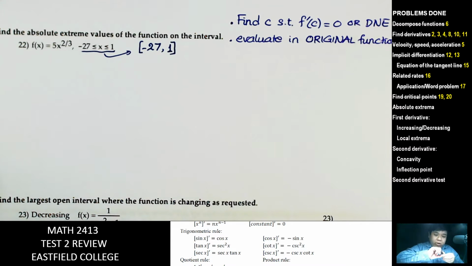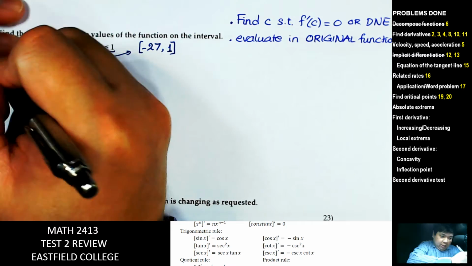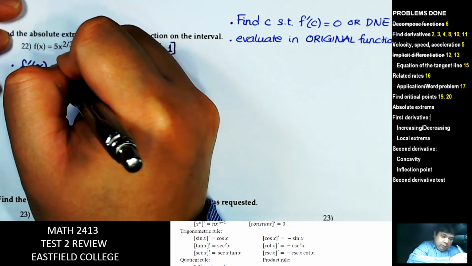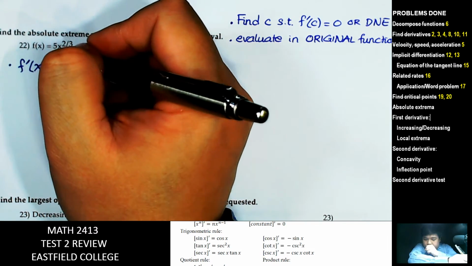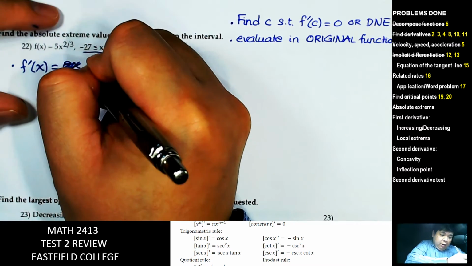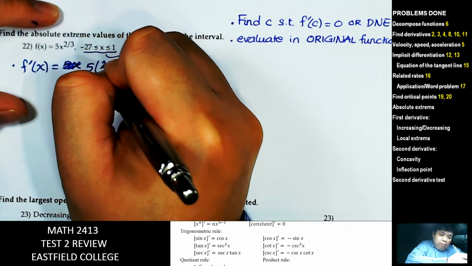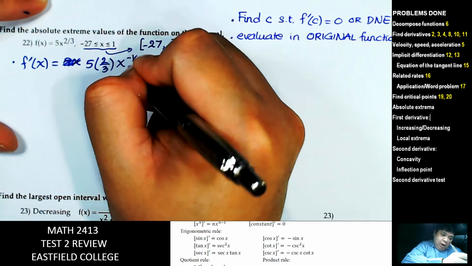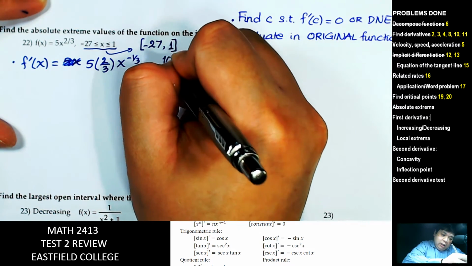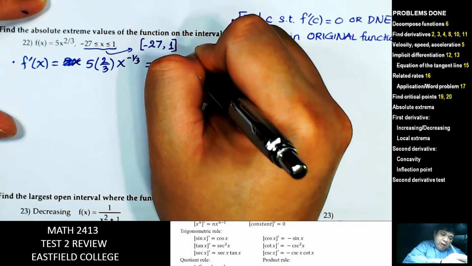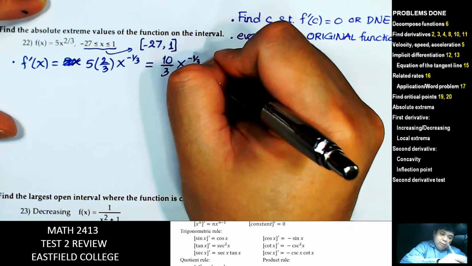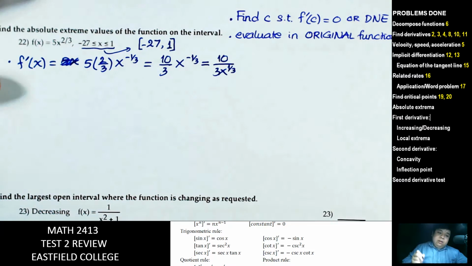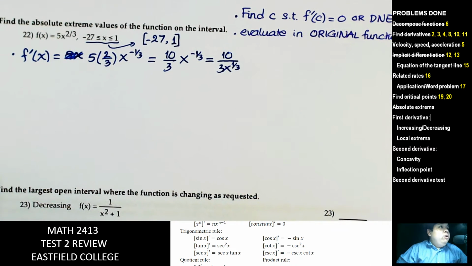Right, so we take the derivative. 5 times 2/3 x to the negative 1/3, which will be 10 over 3 x to the negative 1/3, or 10 over 3 x to the 1/3 in the denominator. Right, so that is the derivative.